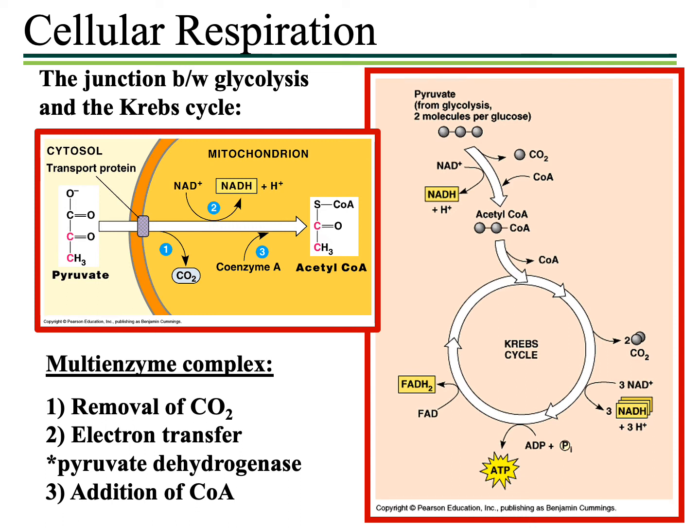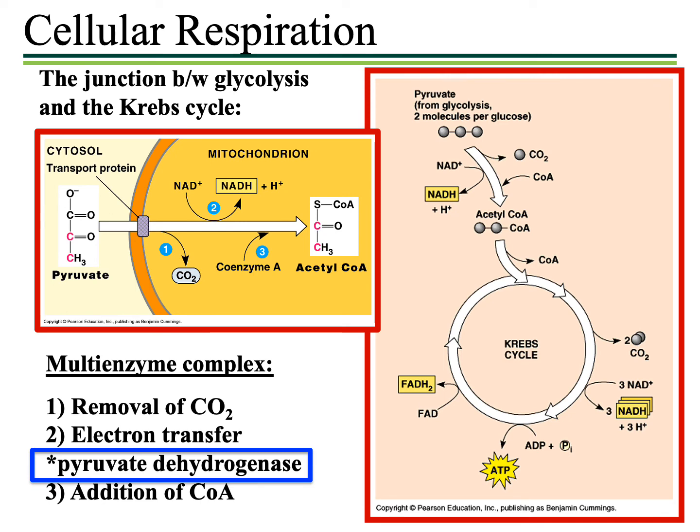Step 2 is the production of NADH, again, specifically electron transfer that occurs by an enzyme known as pyruvate dehydrogenase. And then step 3 is the addition of a molecule known as coenzyme A to produce acetyl-CoA. Acetyl-CoA now can enter into the Krebs cycle.